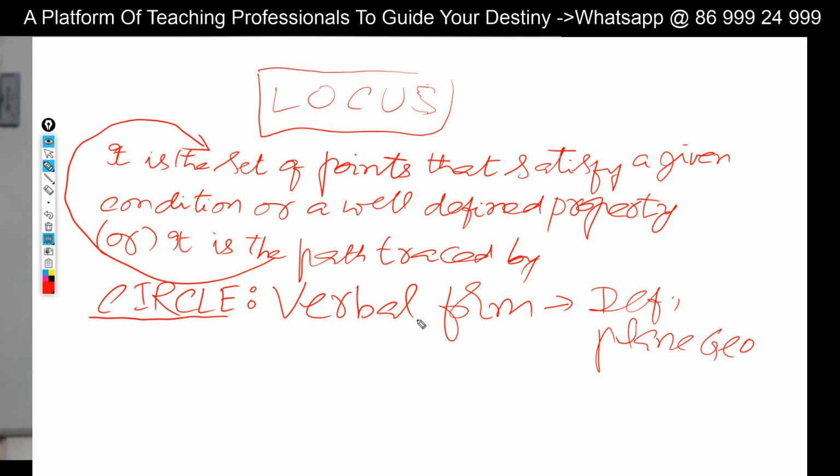So the verbal form of the circle is the set of points that are equidistant from a fixed point always forms a circle. Now, taking this verbal form, the mathematician introduced algebra and made an equation to recognize a circle. This is the verbal form, this is the definition.